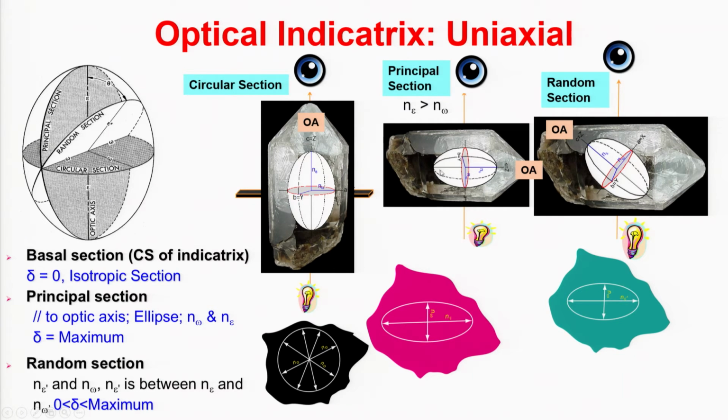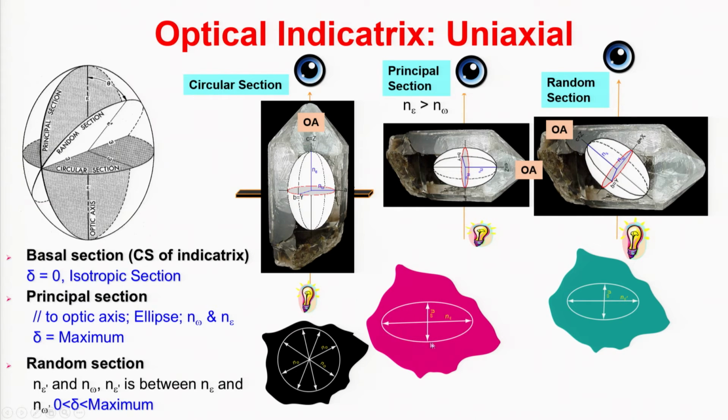In this case, the optic axis is shown to be horizontal, and in this plane you have the true value of the epsilon, and you have the omega, which will be an ellipse, and you have the maximum birefringence here. And I have told you previously, the order of interference color is dependent on the birefringence value.